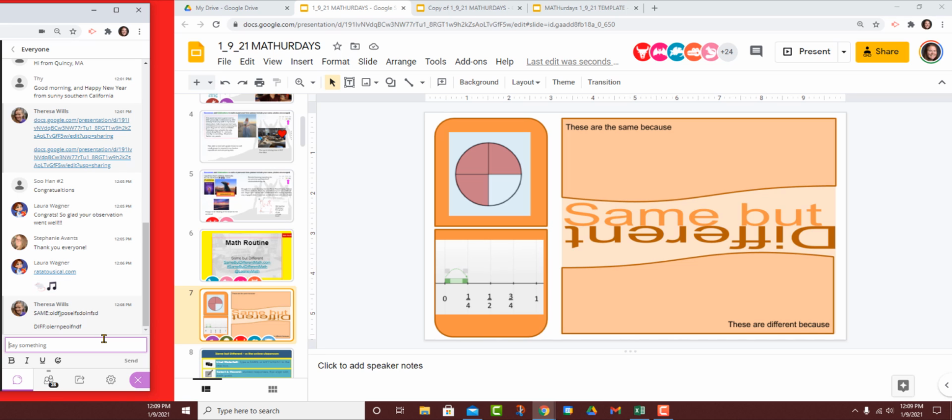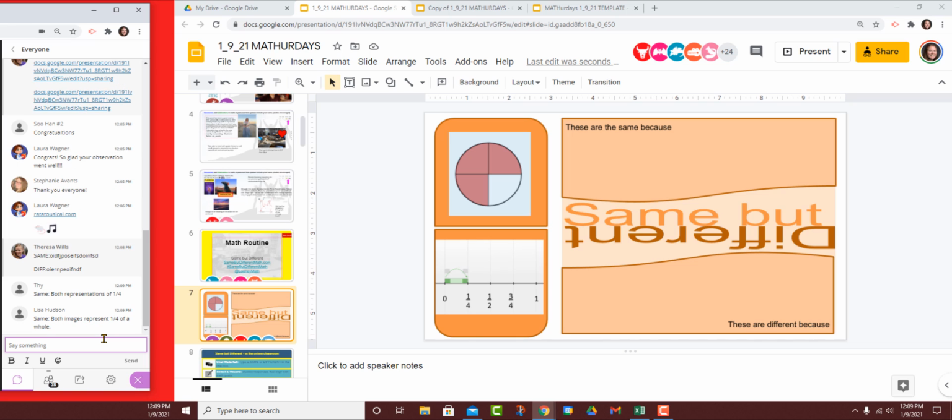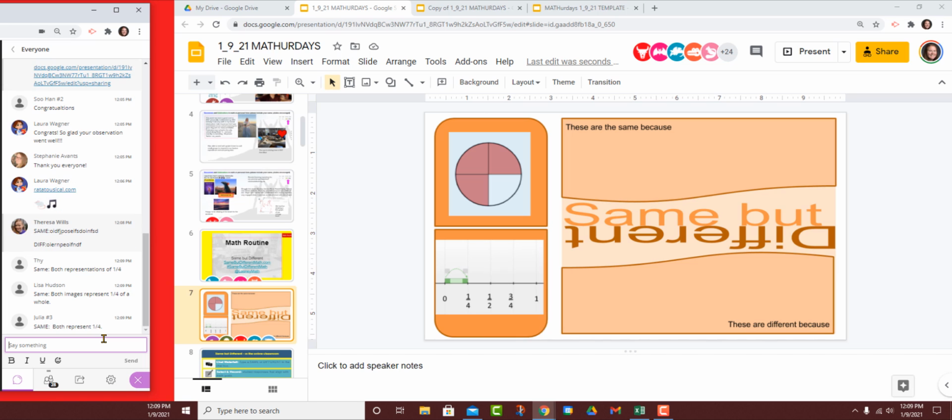Don't hit enter yet, just type it in and hold on to that thought. All right, go ahead and hit enter when you're ready.